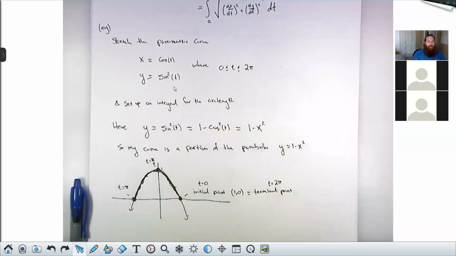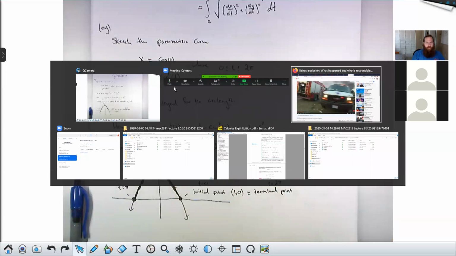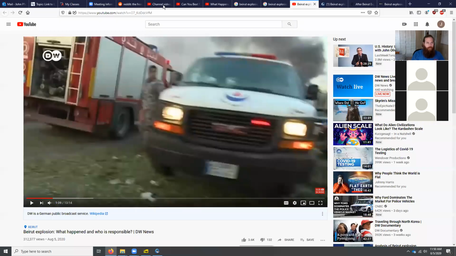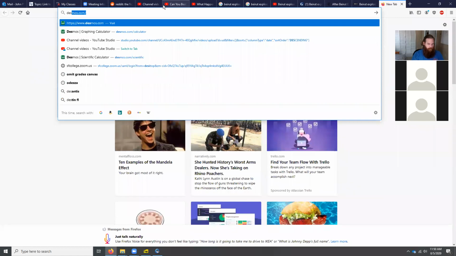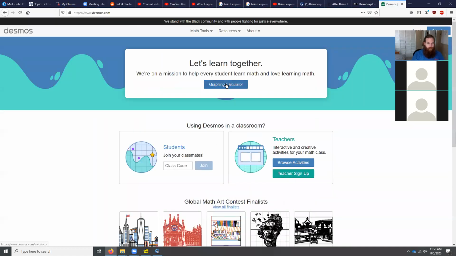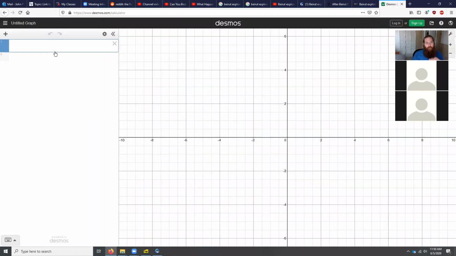I can illustrate this really nicely in Desmos. Desmos is actually great for parametric curves. You have to enter them as ordered pairs. And here what I would really like to do is add a slider for t if I can.